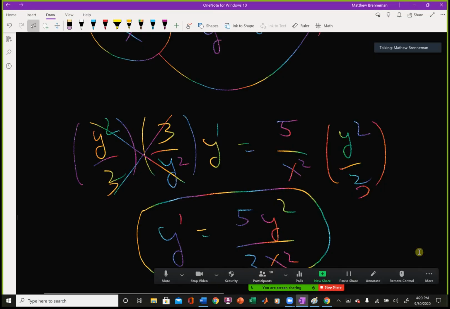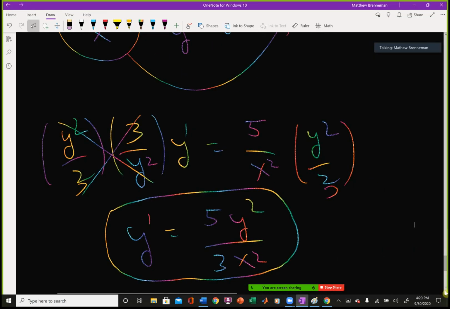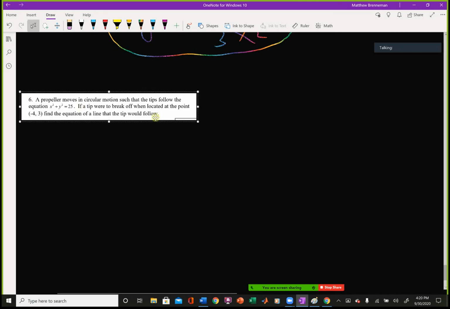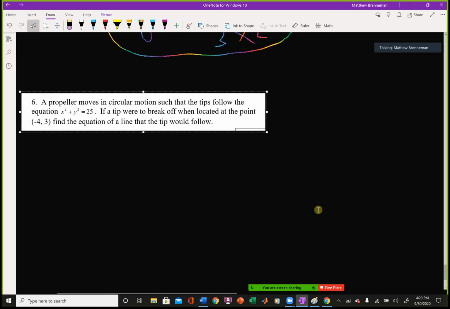So, we have the equation of motion for the tip of a propeller. And what they want you to do is find the equation of the tangent line.